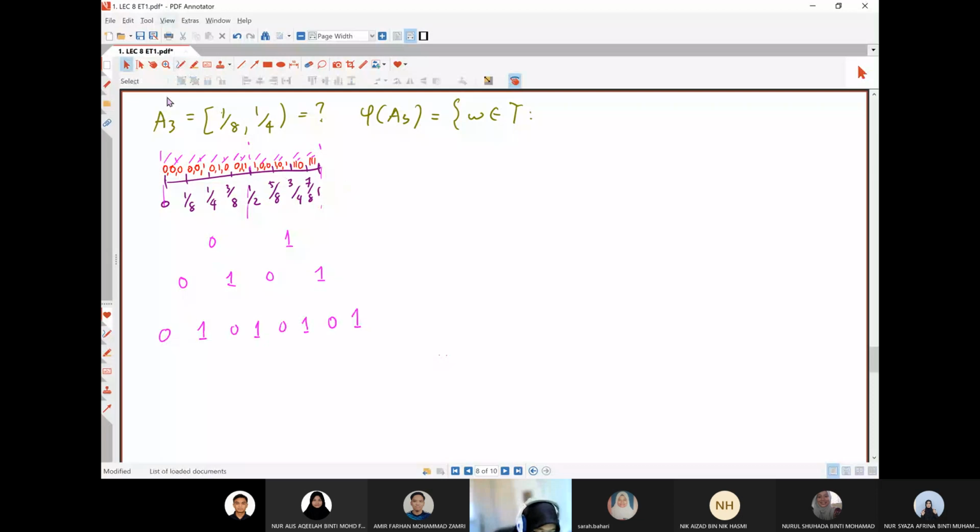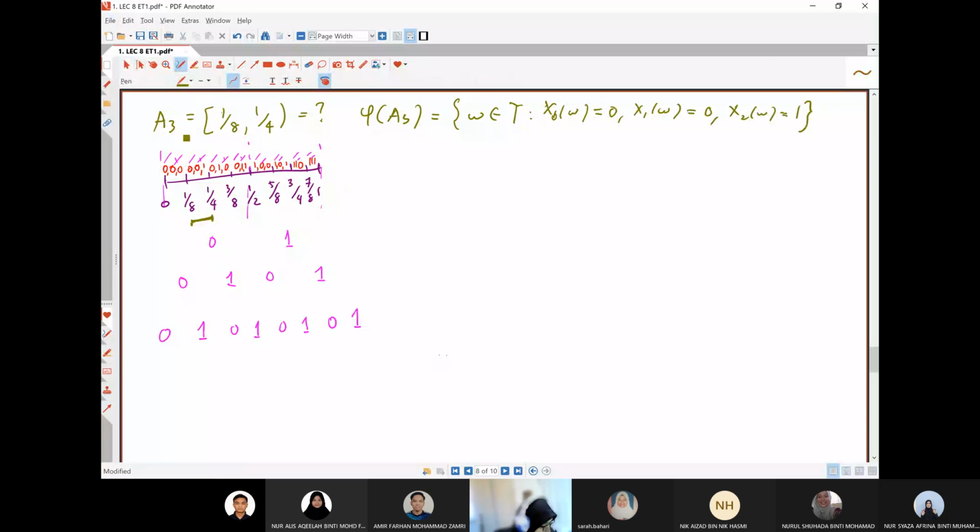So for the case of kalau 1/8 to 1/4, this part, so you will have the first digit x0 is 0, x1 omega is 1, and the third digit is 1. Okay, this is how you get the image from the dyadic to the cylinder set.